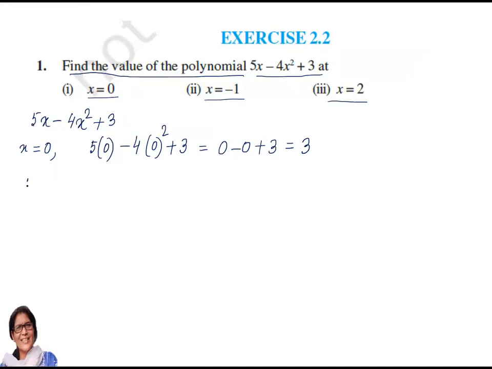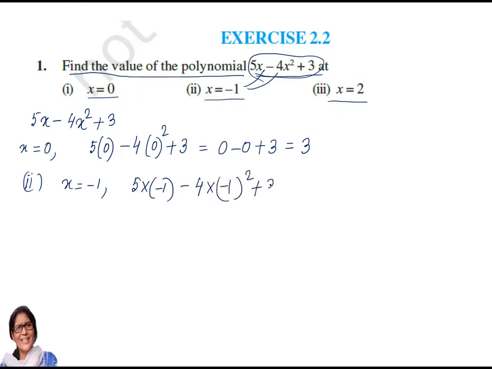Second, x is equal to minus 1. So I'll write the same expression. In place of x, I'll put minus 1. So it will be 5 into minus 1 minus 4 into minus 1 square plus 3. So 5 into minus 1 is minus 5.